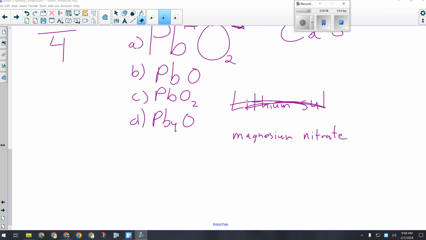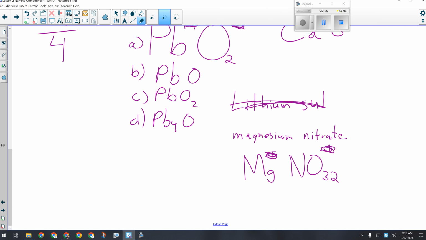Okay, so if I'm following the rules here, I go magnesium, 2+, and nitrate, NO3, -1. When I drop and swap, I think I used this one as the example when I showed you this before, okay? I bring the 2 and I put it here. I bring the 1, I put it there, but we don't write ones.